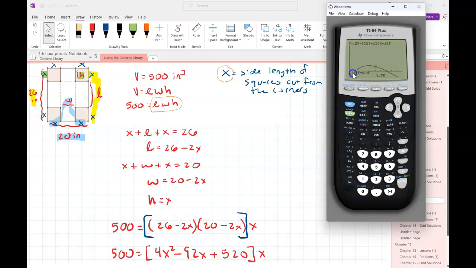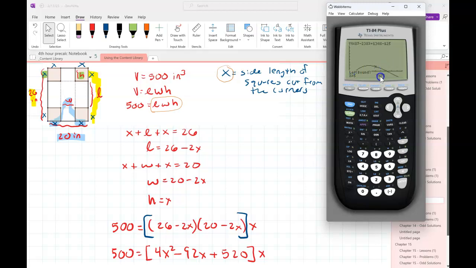So first it's asking for a left bound. I'm going to look for this x-intercept that's over here that we can't see anymore because the words left bound are in the way. So what I need to do is move my cursor somewhere on the left side of that x-intercept. What do I know about the y-coordinate for something on the left side of that x-intercept? It has to be negative.